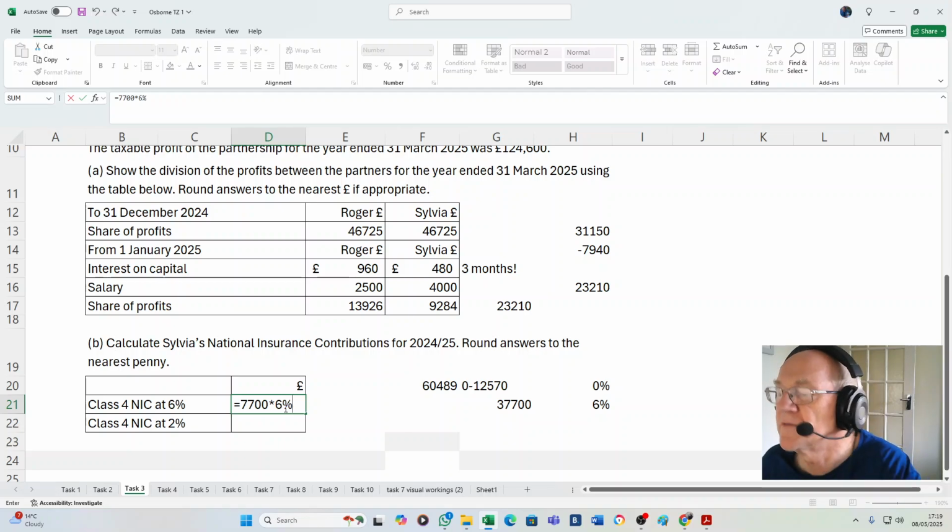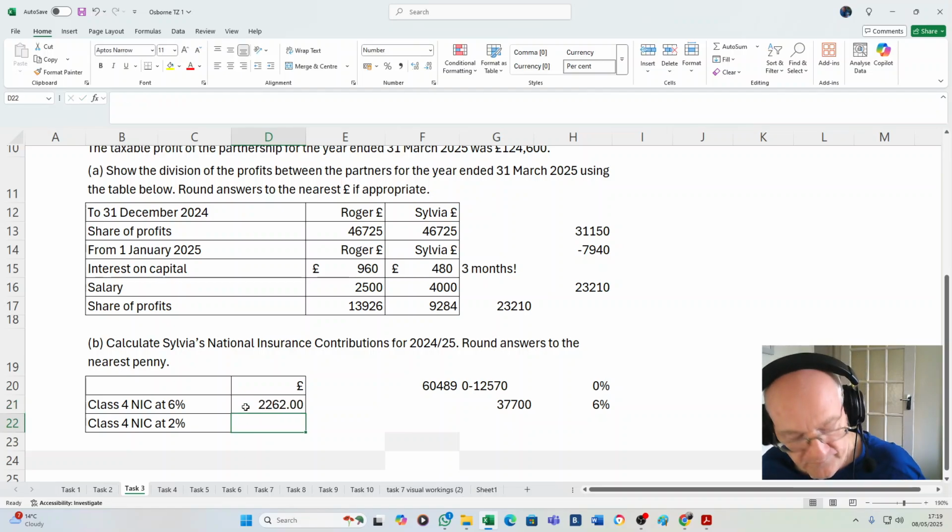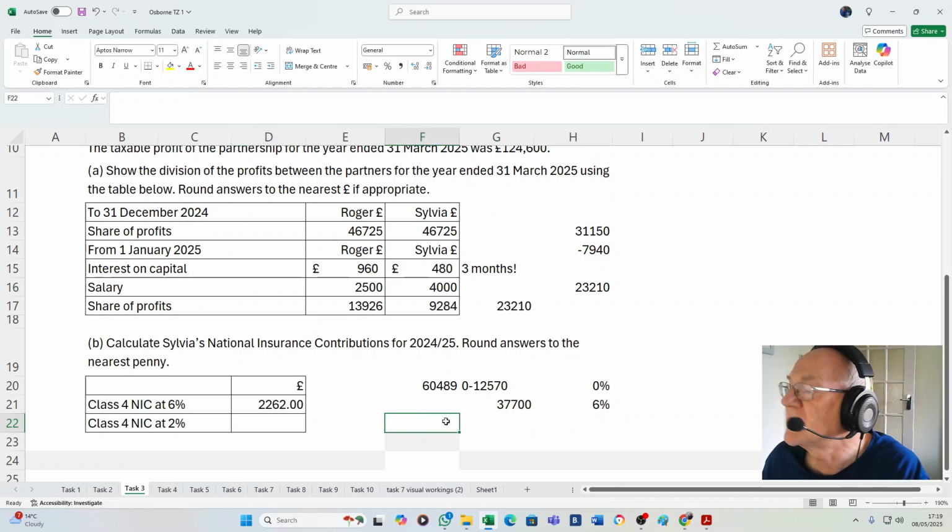If you haven't done the personal tax unit, the 37,700 is the bandwidth at which you pay 6%. I'll go on to the reference material in a minute and show you. It's after pence, so yes, that's right, 2,262. And then the rest, more than one way of doing this.